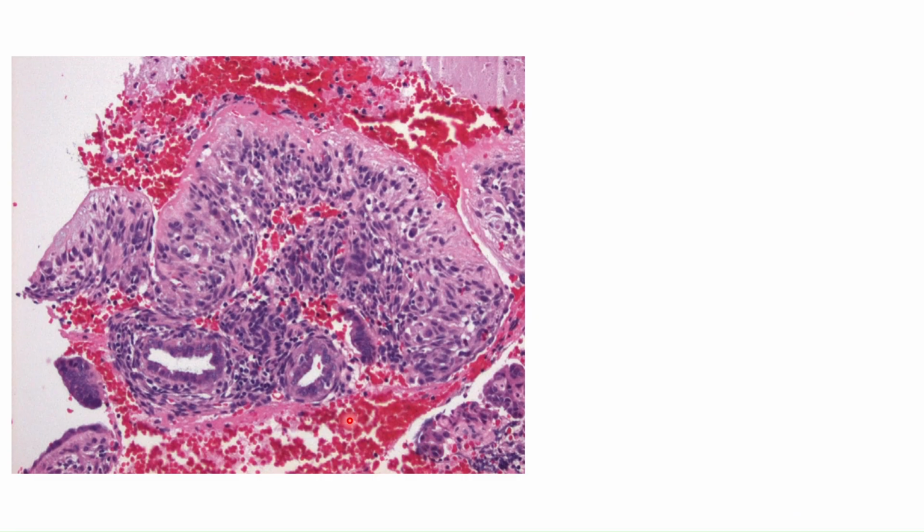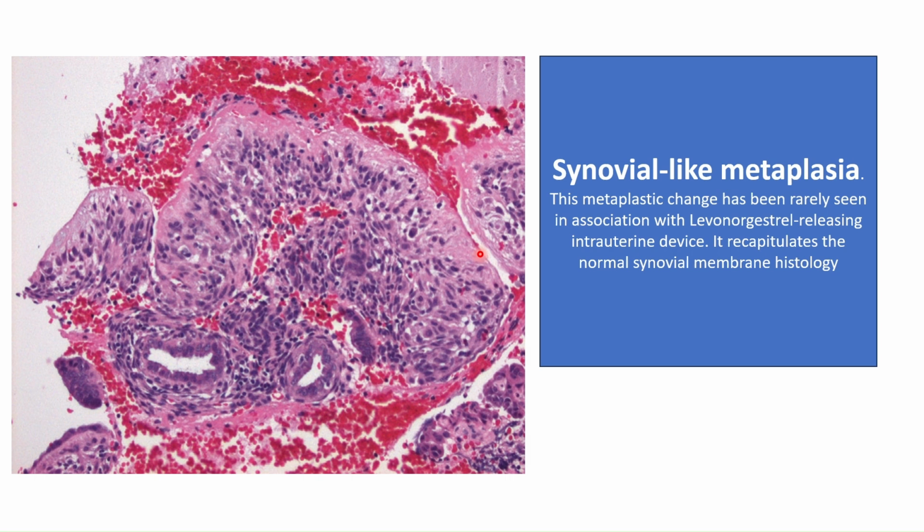Here this section shows endometrial glands, stroma, hemorrhage or stromal breakdown, and the characteristic metaplastic change we can appreciate is palisaded cells, which look like synovial membrane. So this is synovial-like metaplasia, seen most commonly in patients having a levonorgestrel releasing intrauterine device, and this is how normal synovial membrane histology looks.